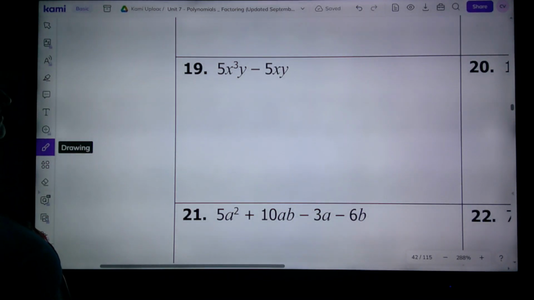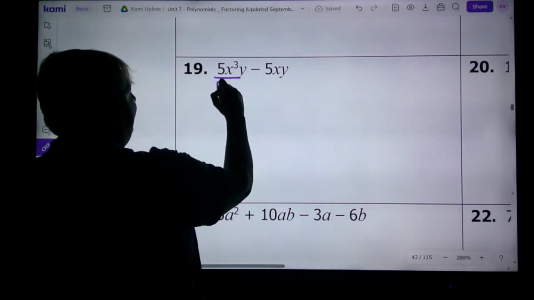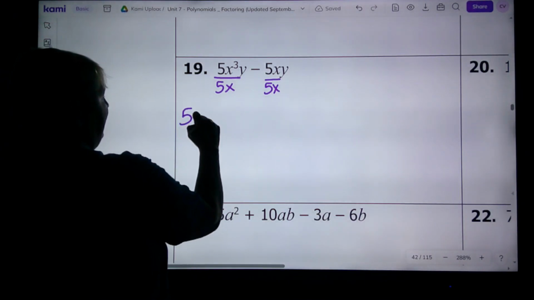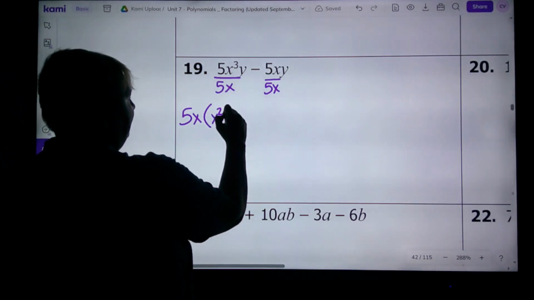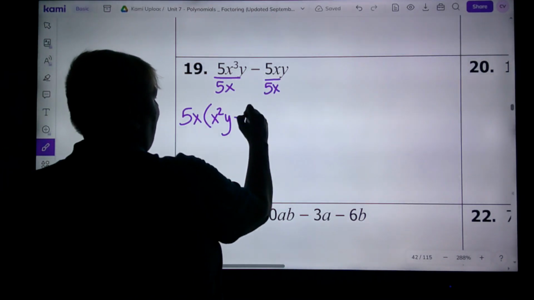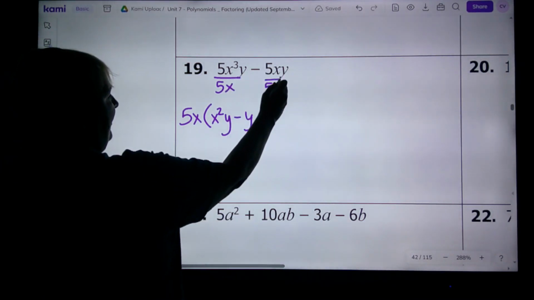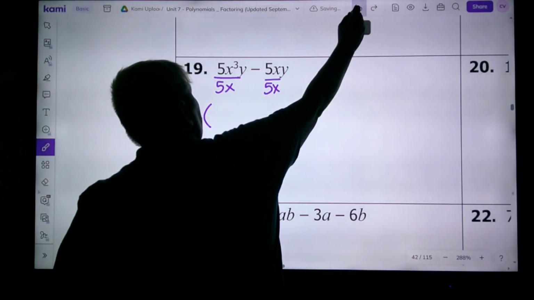Common factors. They both have a 5 and an x. Let's take out 5x, and then we'll look at it again and see what we have. We took out 5x. We're left with x squared y minus y. Look at that. They both have a y. So let's go back and adjust.